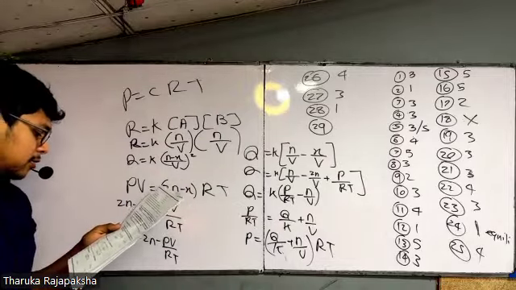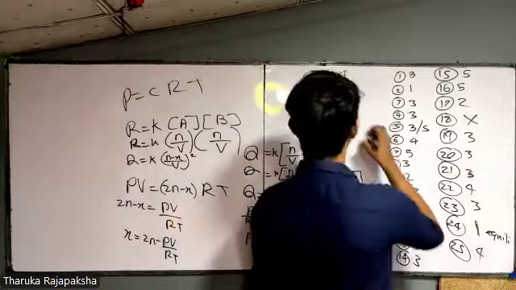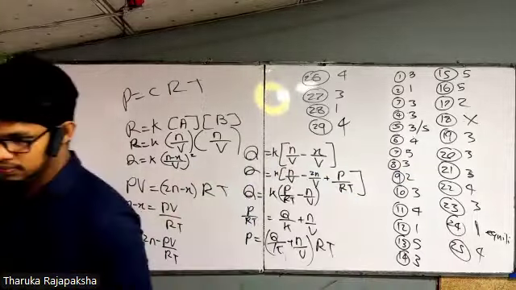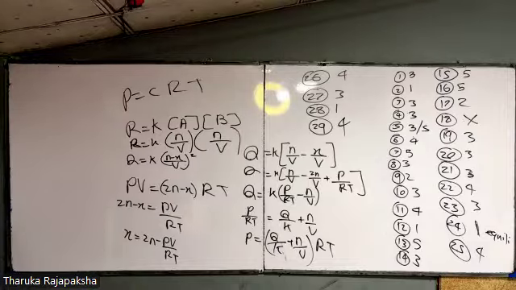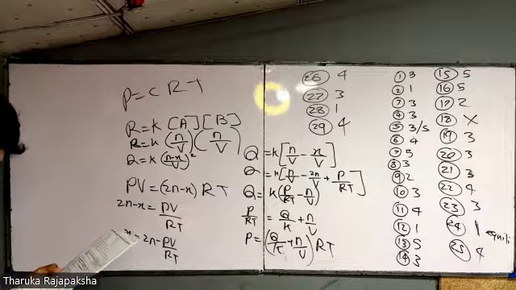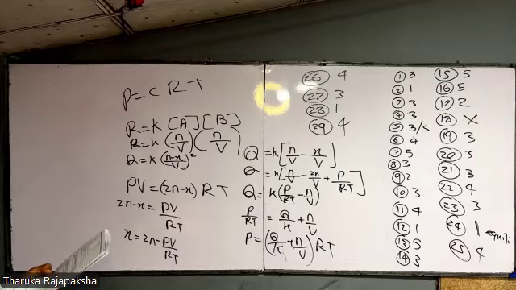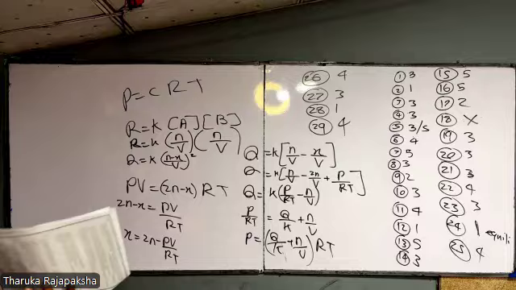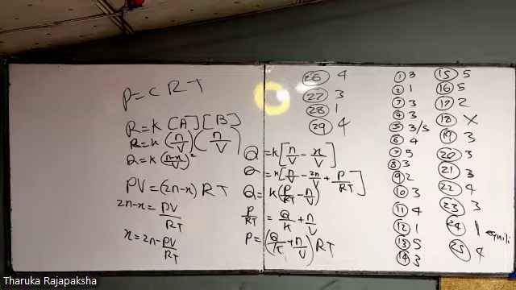Q over K plus N over V times RT, that is answer 4. Here you go. That's it. Answer number 4.